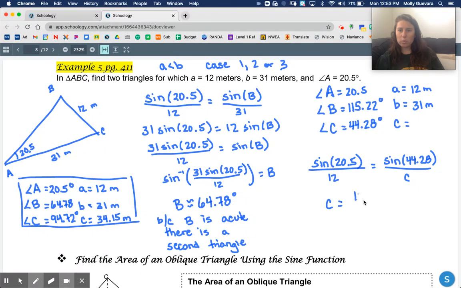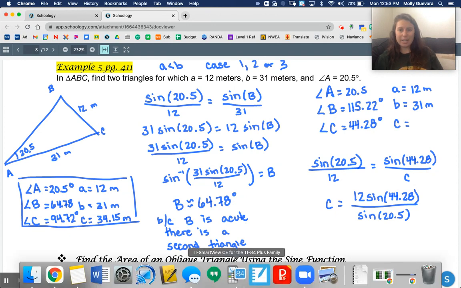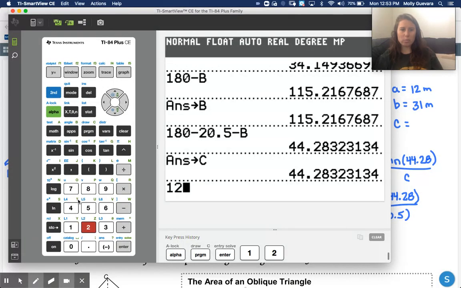We will get 12 sine of 44.28 over sine of 20.5. And remember, I'm not going to enter 44.28. I'm going to enter C. Okay, so let's go back and I have 12 sine of C divided by sine of 20.5.